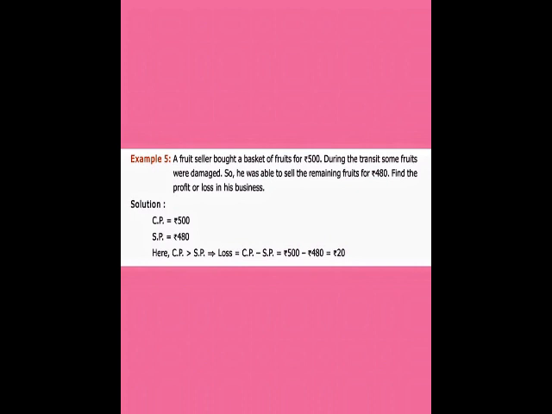So cost price is greater than the selling price, so that is a loss. Solution: cost price is equal to rupees 500, selling price is rupees 480. Here cost price is greater than selling price, so there is a loss. CP minus SP, which is equal to 20 rupees, is the loss for that businessman.